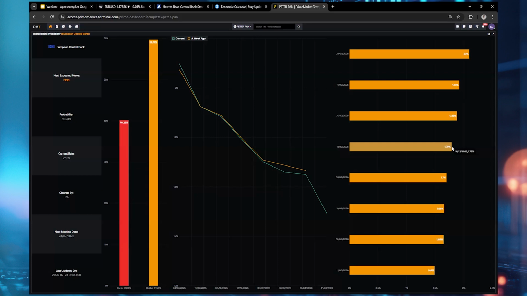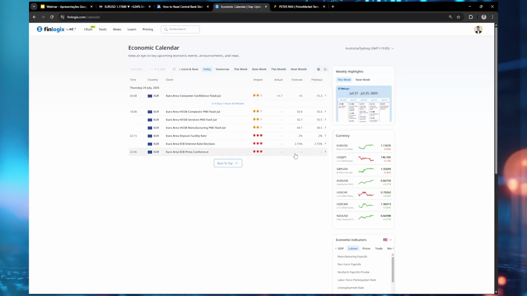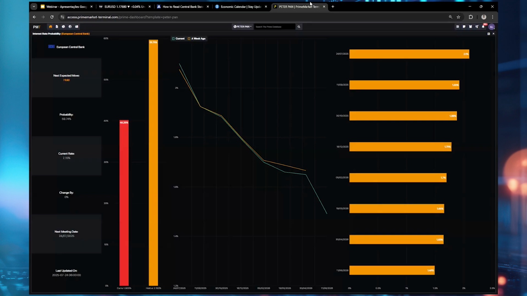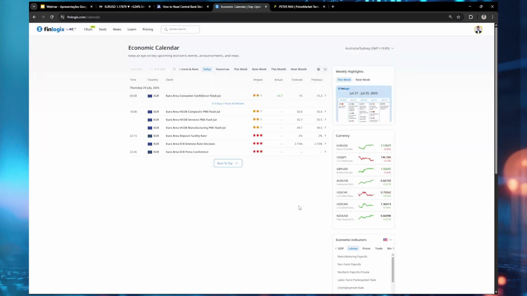That being said, now, how can I trade that? That's exactly the question I asked before. So the first thing is that we're not going to be looking to trade the economic calendar because, as I say, 60% of the market is already expecting that.